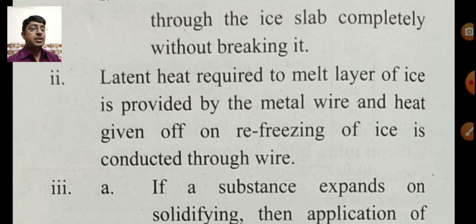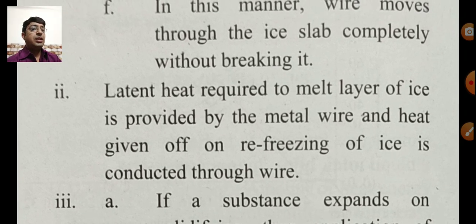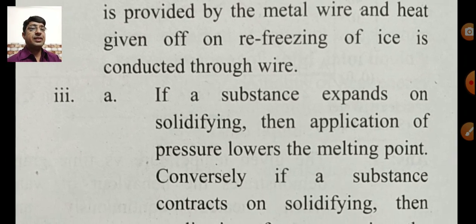Answer to the second question: latent heat required to melt a layer of ice is provided by the metal wire, and heat given off on refreezing of ice is conducted through the wire.